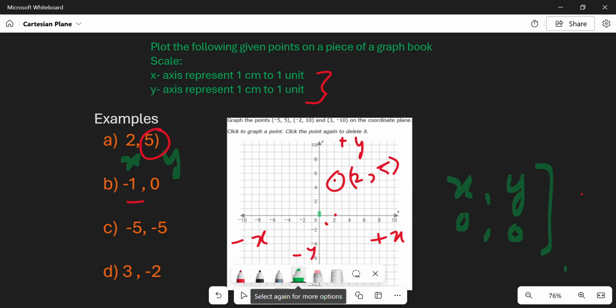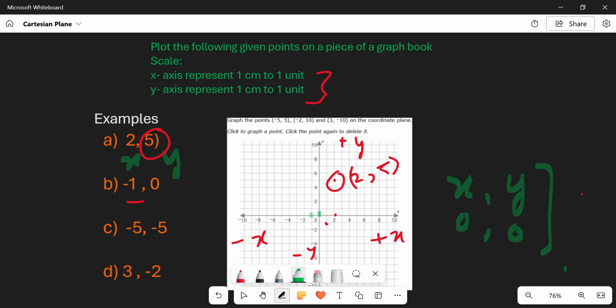The second example says -1 and 0. Where is -1? First of all, you need to see the x value, so -1 on the horizontal part, not the vertical. The -1 is here after 0, and my pointer is on -1. Now I need to check whether to go upward or downward.